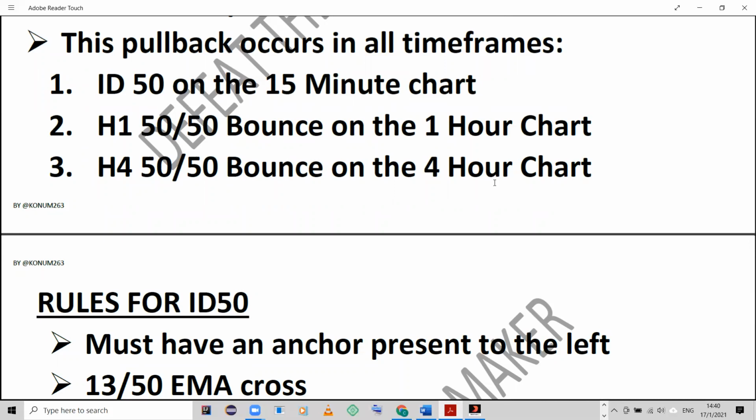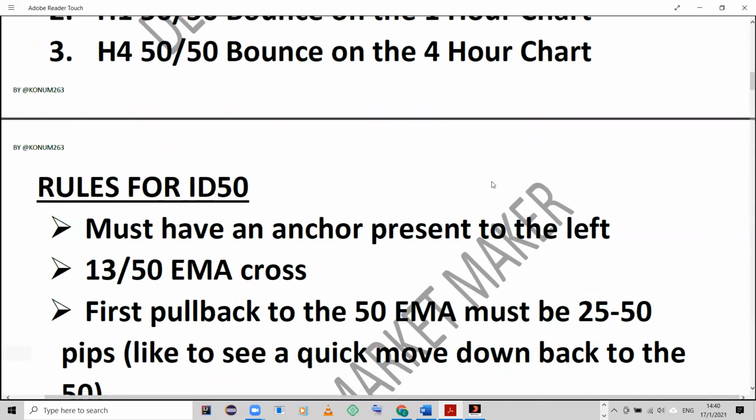Right now it's Sunday, the 17th of January 2021, so on the 18th of January 2021, the first boxes to check for an identified ID 50 are these. First, there must be an anchor present to the left, meaning on price that has already formed. Second, there must be a 13 and 50 EMA cross. This is a very crucial crossover in the strategy.